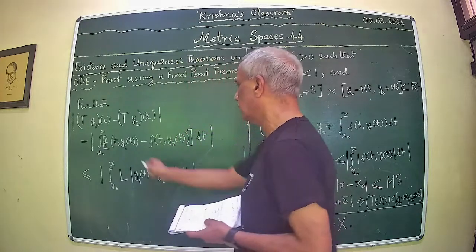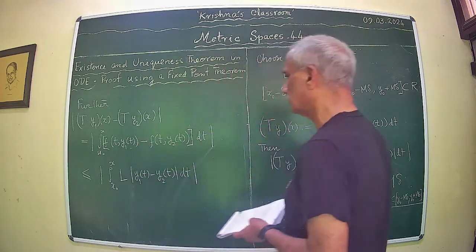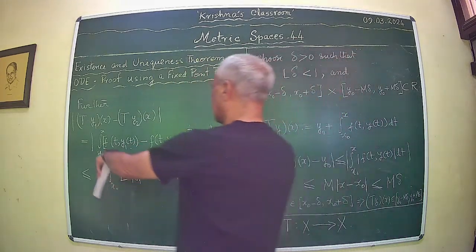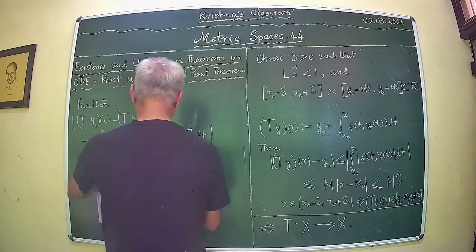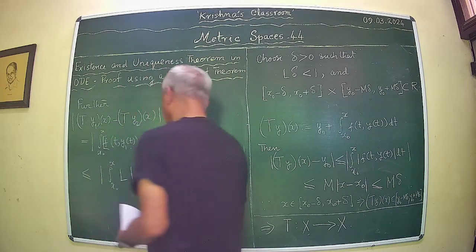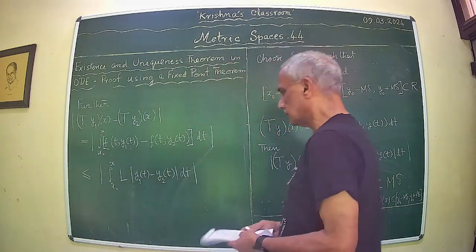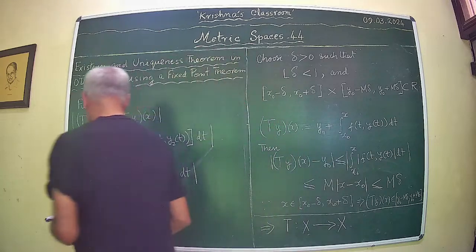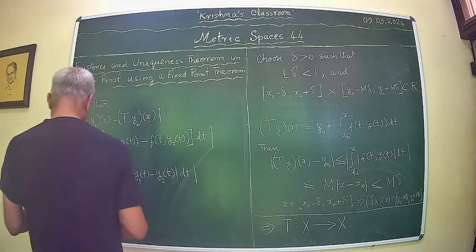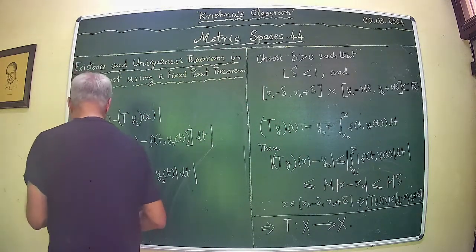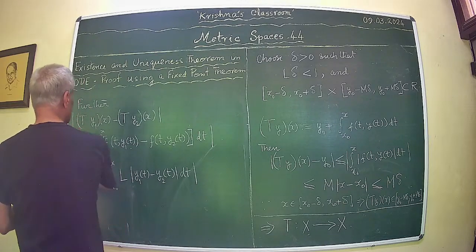We have applied the Lipschitz condition here. So this part is less than or equal to L times this. So we just replace that. And that means the following. You have supremum of this.